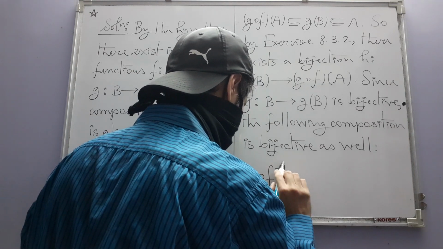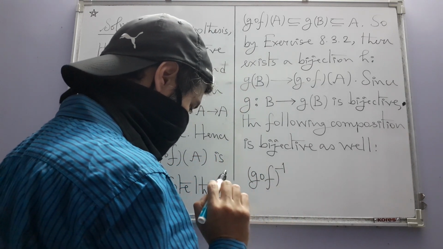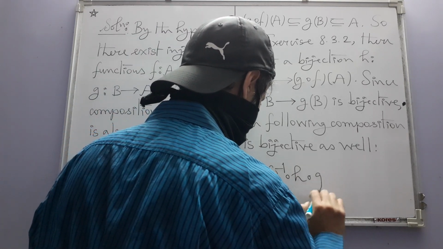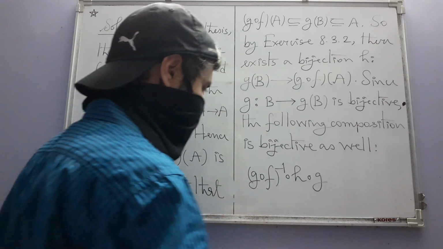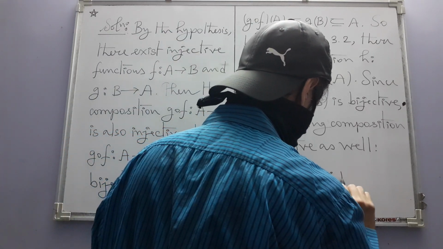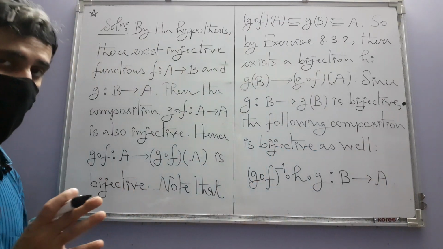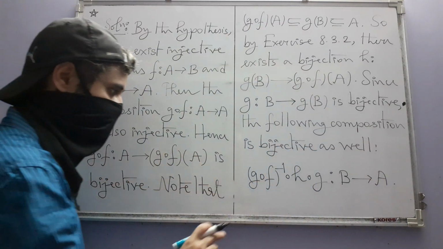G composition F inverse, composition H, composition G, and it's a map from B into A. But let's see what conclusion we have written here.